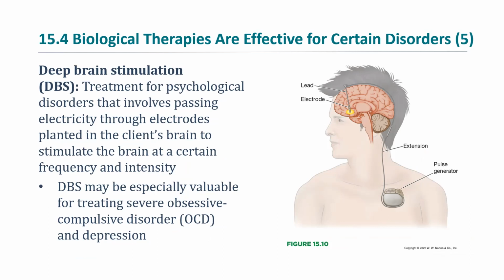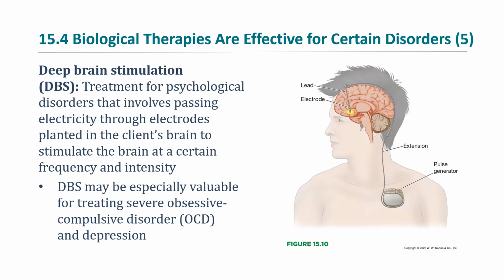This procedure was originally developed to be used for Parkinson's disease, but now it's used to treat OCD, obsessive compulsive disorder, major depressive disorder, and also anorexia nervosa. It's the same technique in each disorder, but different brain regions get targeted. So it would be a different brain region if you're treating depression versus OCD, but the same procedure.